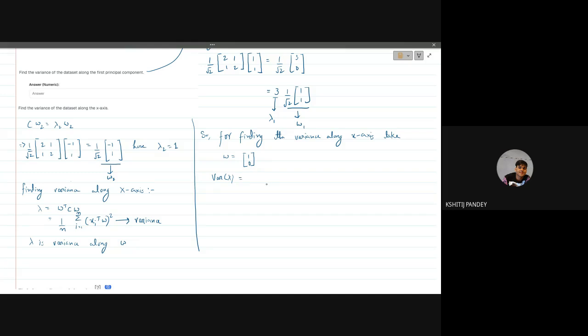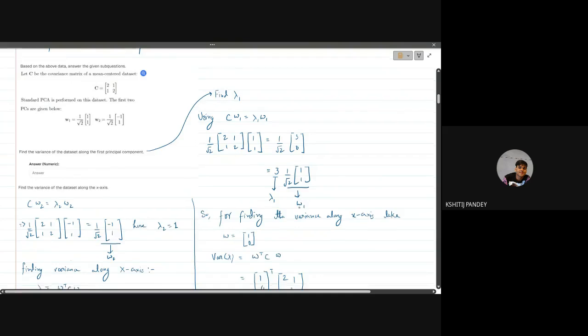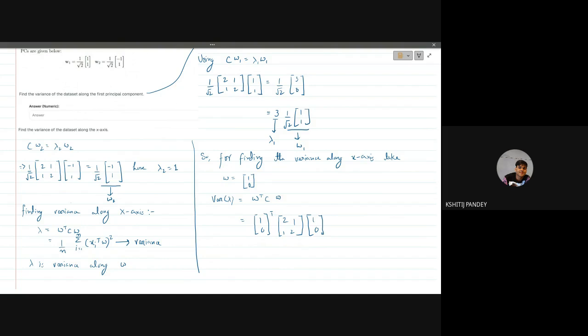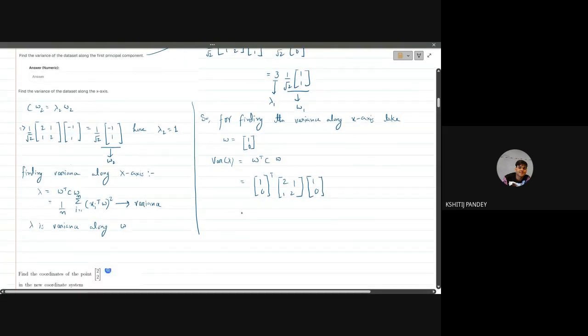This is equal to W transpose C W. And what is your W here? It is equal to 1 0. And what is your C here? Anybody remember? 2 1 1 2, I guess. Let me check this. 2 1 1 2, correct. And again W. So let's simplify this part first.